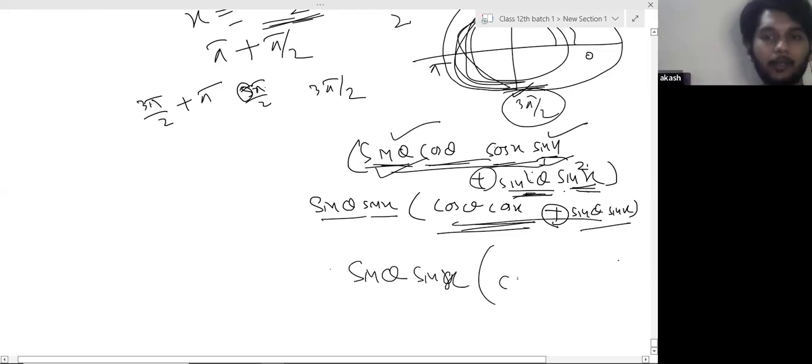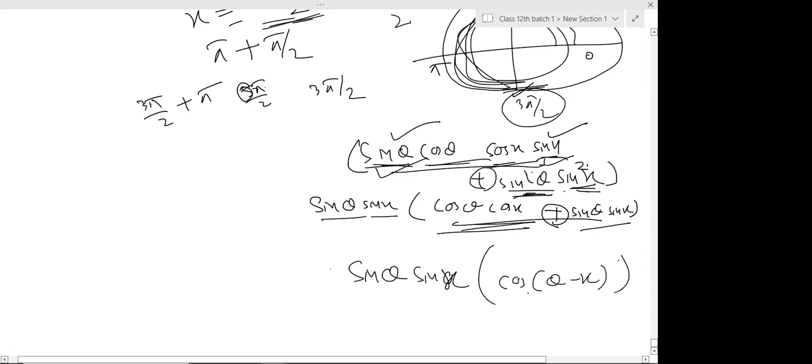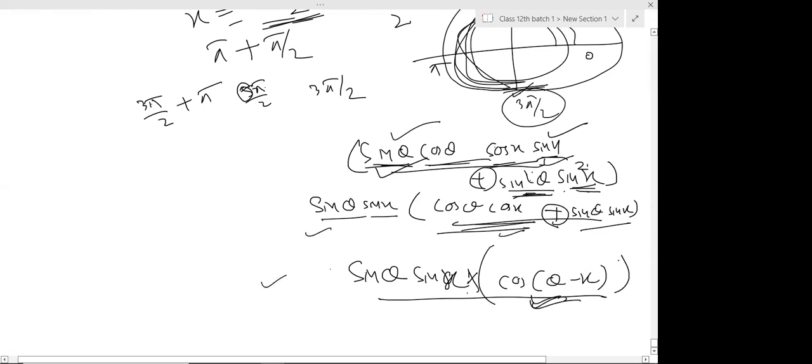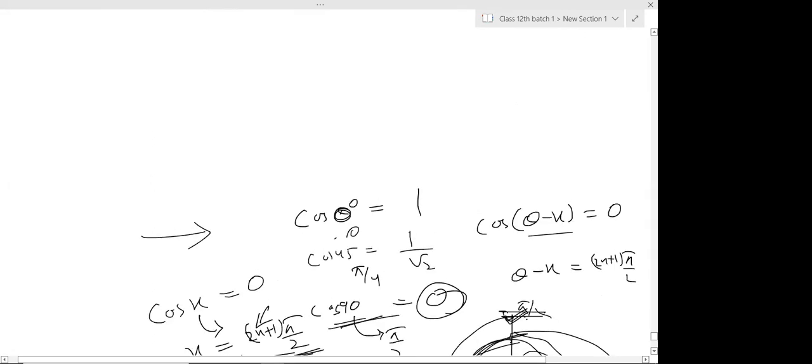This is the same formula for cos of theta minus x. So these three terms are multiplied together, and this element is common in all the four elements. Okay, sir, got it. Thank you, sir.